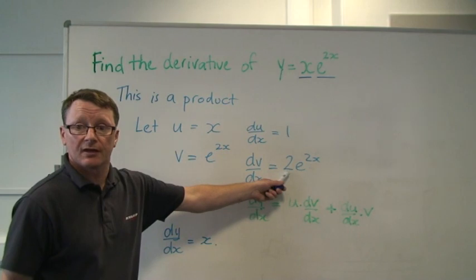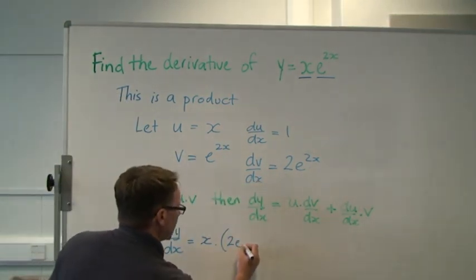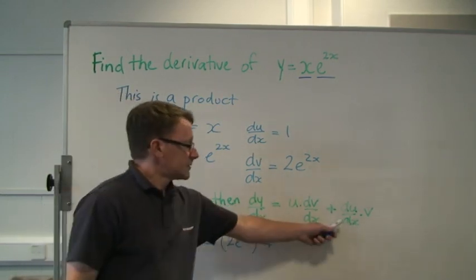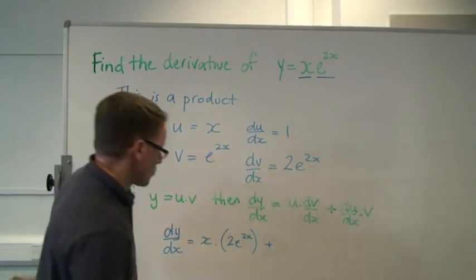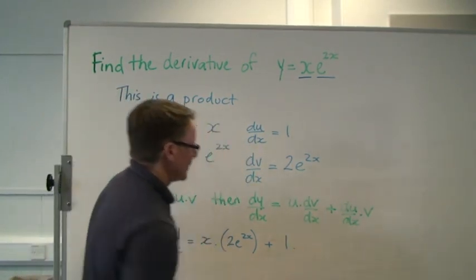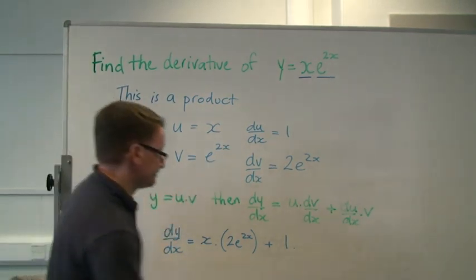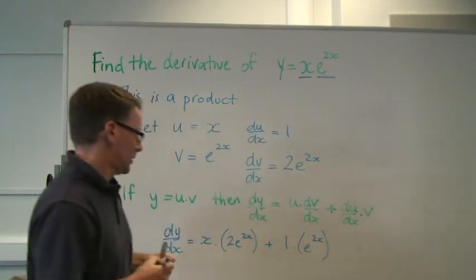Well, we've written down here that is 2e to the 2x. It's 2e to the 2x plus du by dx, which we've got written down here as 1, times v, which is e to the 2x. e to the 2x. That's it.